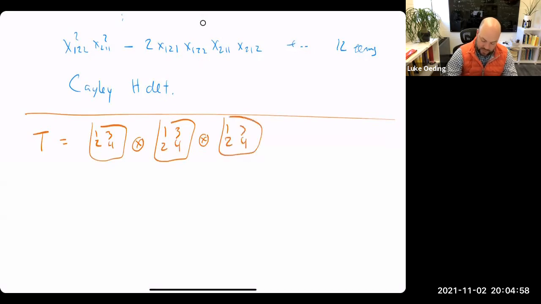Okay, so if you did this one, it turns out that this is going to project to 0. If you do the other one, these are the only options after relabeling of triples of tableau of this shape.